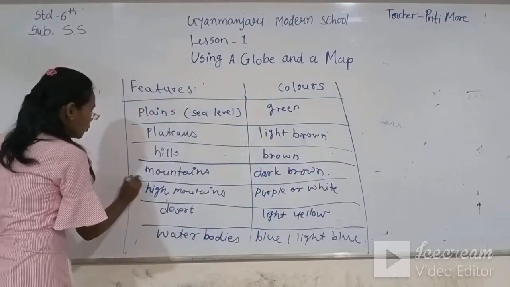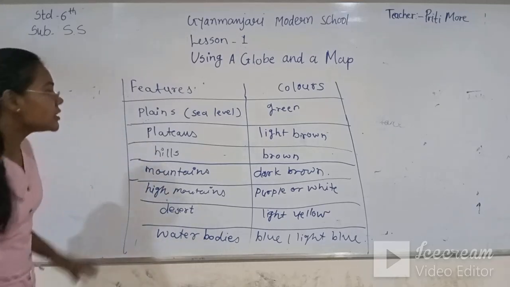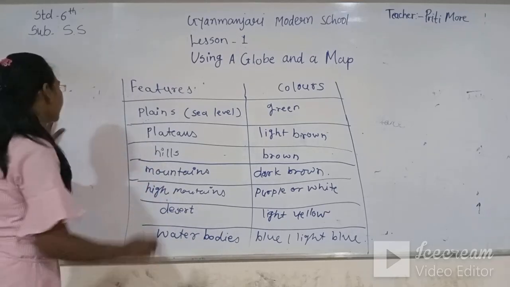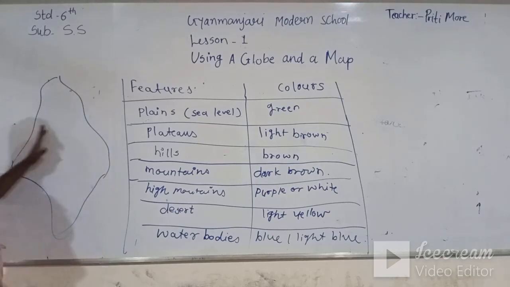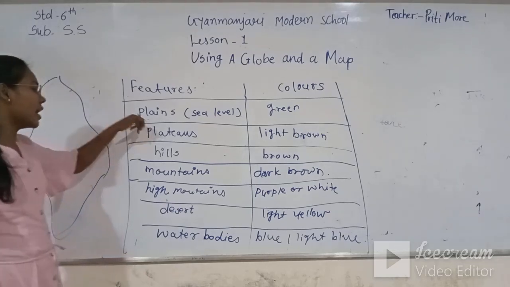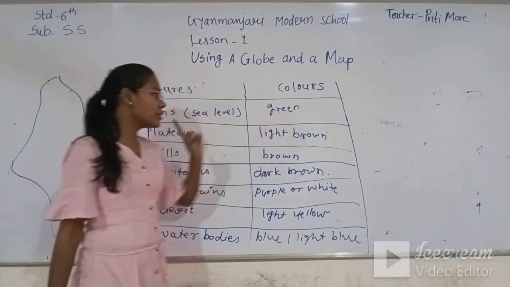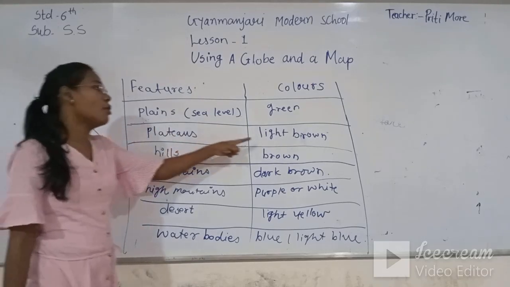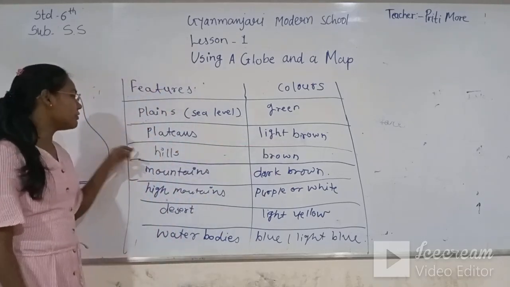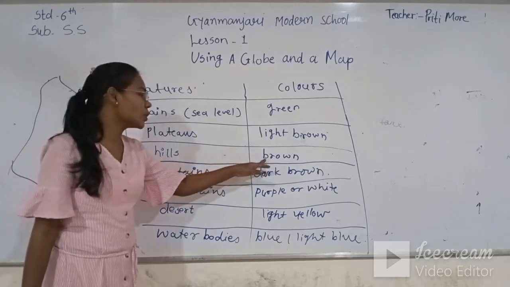Now see, to point out the different features, some colors are there in this bracket. In this map, if we have to show the plain area, we see it in green color, and for the plateaus, light brown color. For hills, brown color is there.